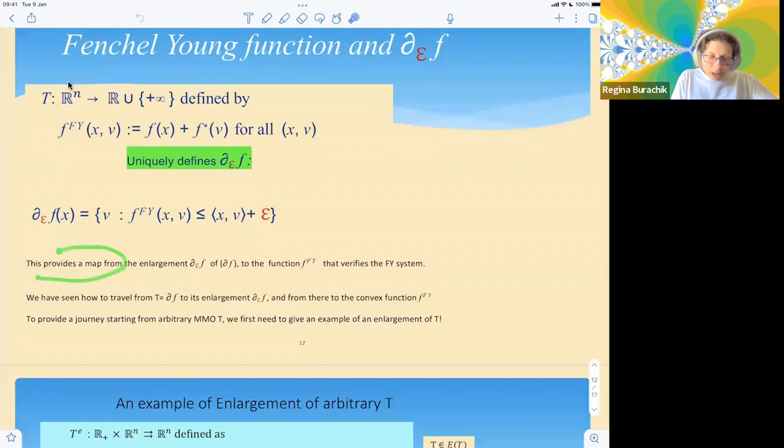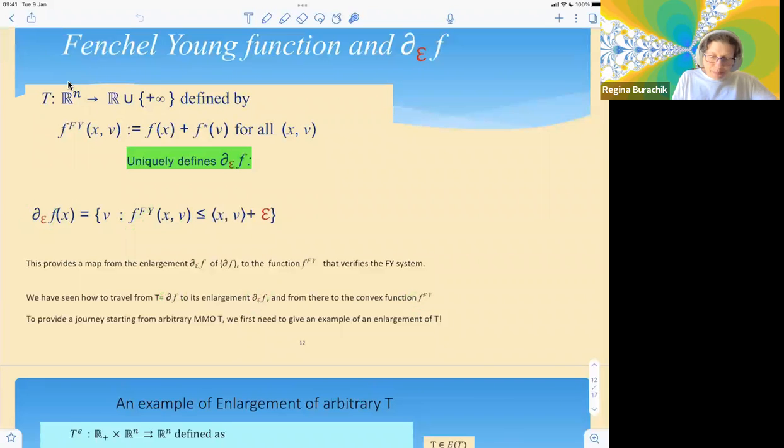So this provides us with a map that goes from the enlargement to a convex function that verifies the Fenchel-Young system. And this tells us how we can travel from the subdifferential to the enlargement and from the enlargement to the convex function by taking this function here, the Fenchel-Young function. So this Fenchel-Young function characterizes the enlargement.